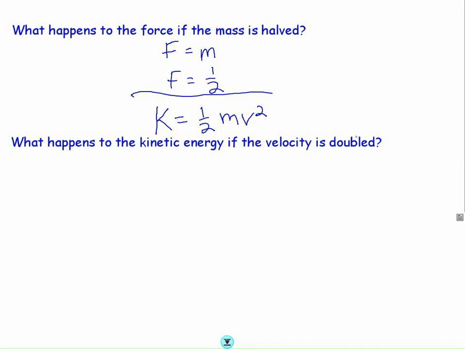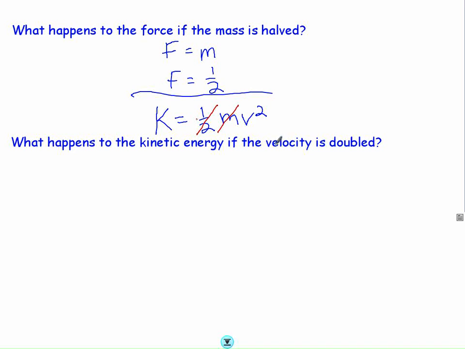All right, so what are we going to do? We're going to cross out anything that isn't mentioned. Mass isn't mentioned at all. I'm crossing it off. I'm going to cross off the 1/2 too. You always cross off any numbers that are just coefficients, numbers that are just multiplying the rest of the things in the equation. Now there's a 2 here. It's the exponent of the velocity. I am not going to cross that off.